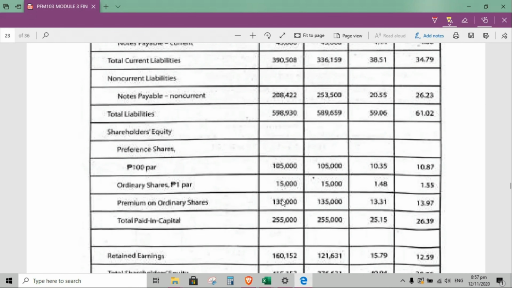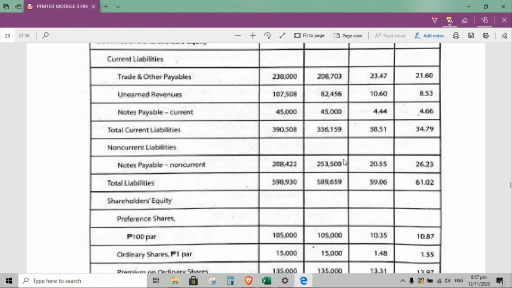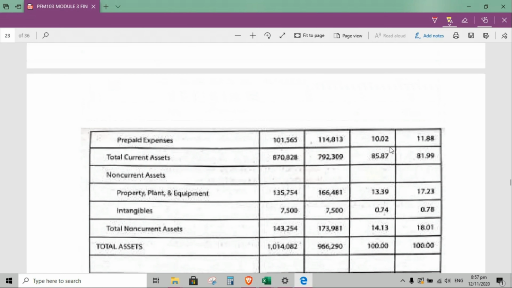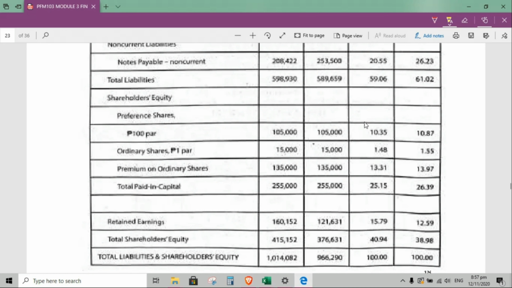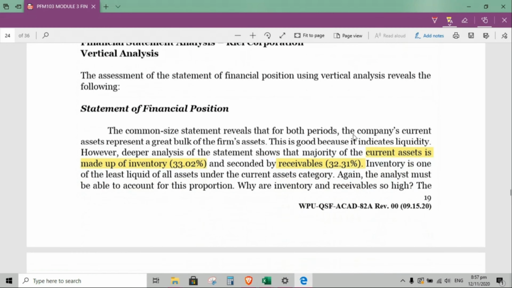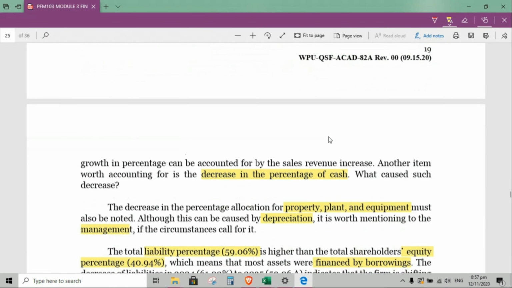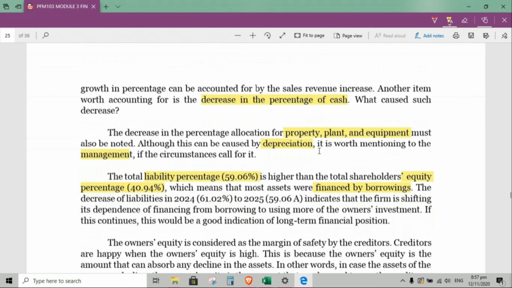Balikan natin yung computation. From 2024, ang total liabilities niya ay 61%. From 2025, naging 59.06% na lang. So, which is good. Kasi kahit papano, bumaba siya. But still, the ratio is high. So, ganun pa rin. But at least there is an improvement naman.